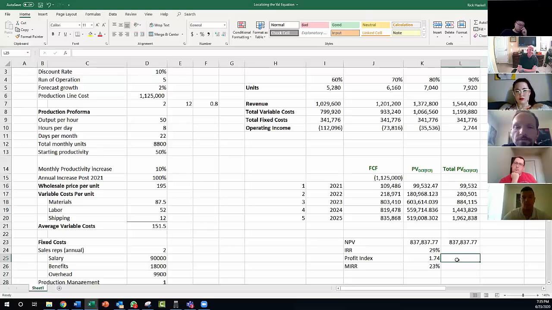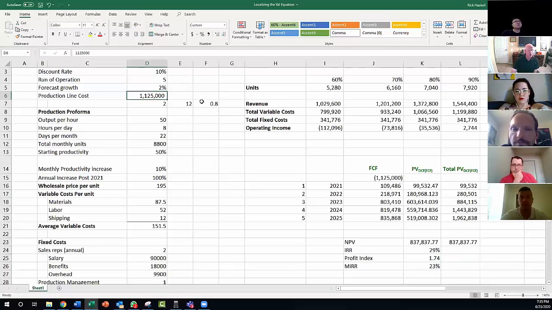There's something that is left out of here that's not credible, and it's a glaring error that I will fix before I send this to you later. Think about the free cash flow equation. NOPLAT plus depreciation minus net capital spending minus change in net working capital. We've said that we're not going to worry about net capital spending and change in net working capital because it's an isolated project, and that's embodied in what it's costing us to put the production line together.